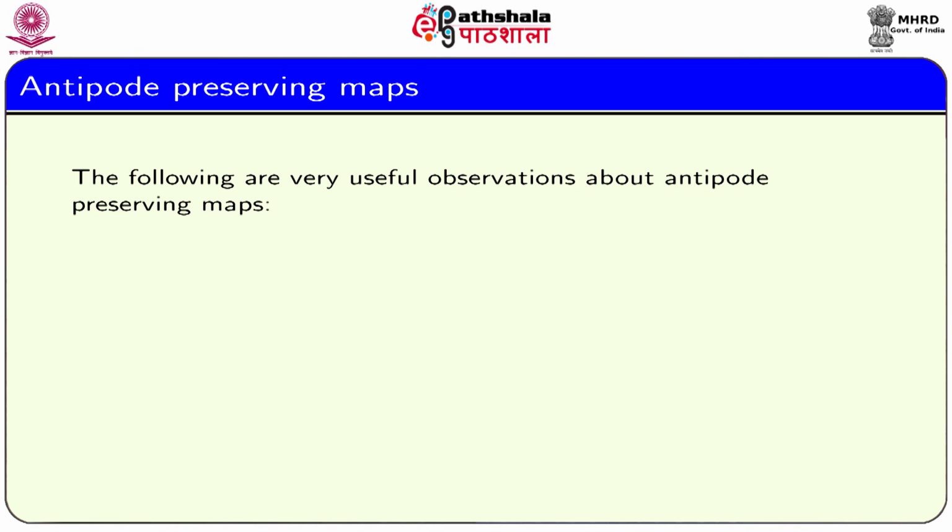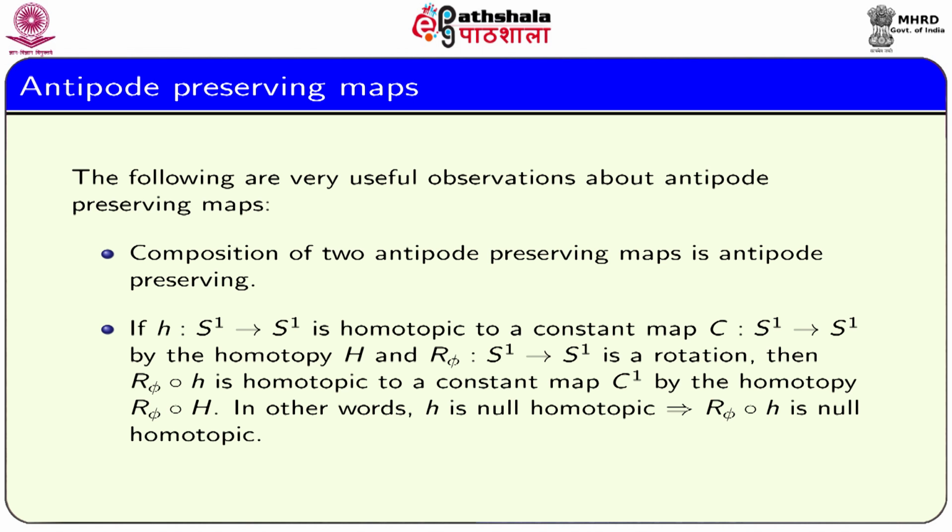Now, the following are very useful observations about antipode preserving maps. First, the composition of two antipode preserving maps is again antipode preserving.